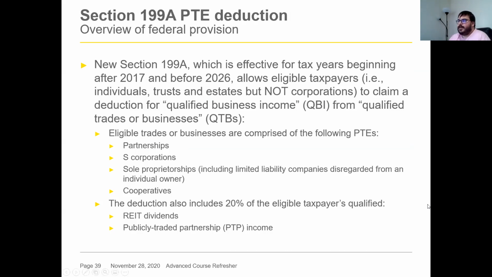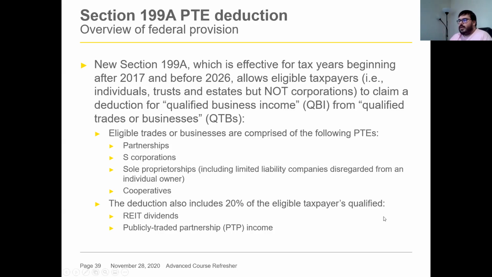But basically, the simplified version of this, I don't want to go into detail because this has been around for a couple of years, is basically if you're self-employed and you generate income up to a certain amount, you get this qualified business income deduction equal to 20% of whatever the income is on the Schedule C. It might also be a result if you're a partner in a partnership, you might also get a deduction from the income generated there, although that's a little bit more out of scope.